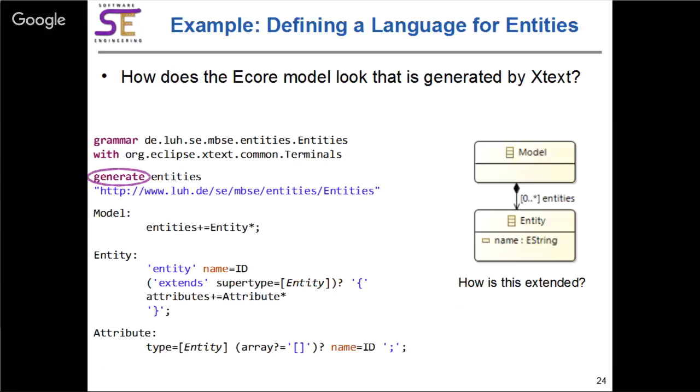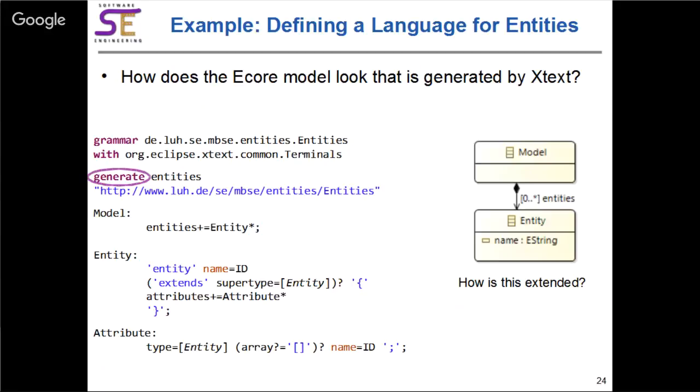This is 1. Exactly. So 1, or let's say 1 to 1, because type is not optional. So there must be a reference to an existing entity. Okay, that's it.